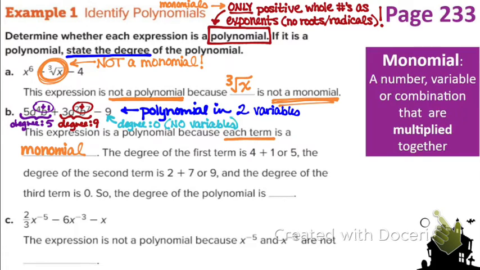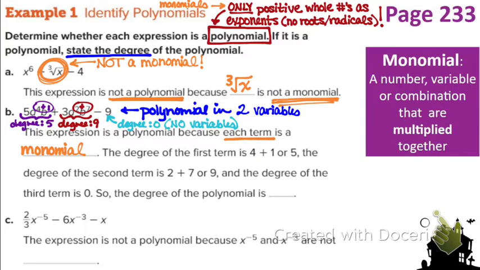So if I want to know the degree of the whole polynomial, I want the degree of the biggest monomial. What's the biggest degree of any of those monomials up there? 7 is my biggest degree? 9, because remember I had to add those powers together to get the degree of the monomial.